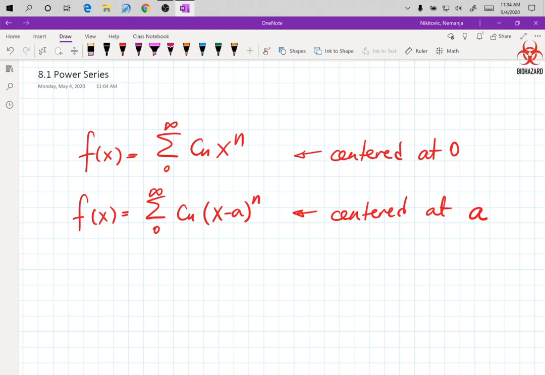Then you would work on the power series to solve the problem, and then unwrap it from power series back into the function domain, and you will have your answer.